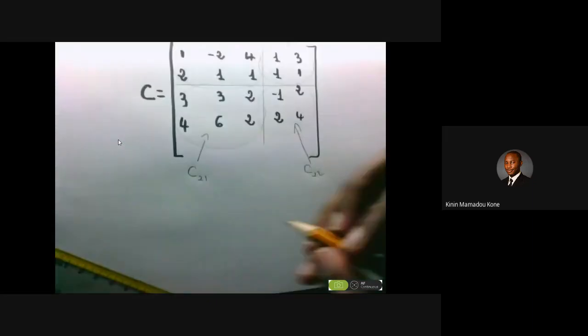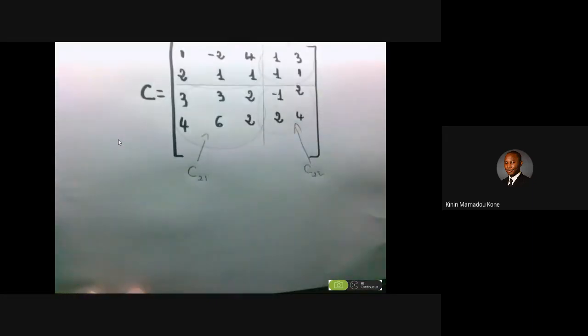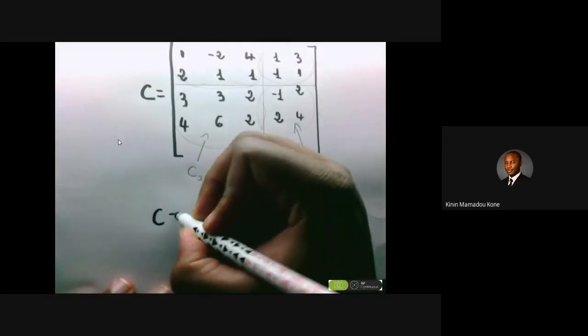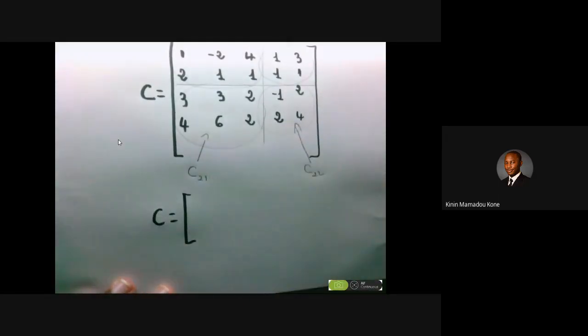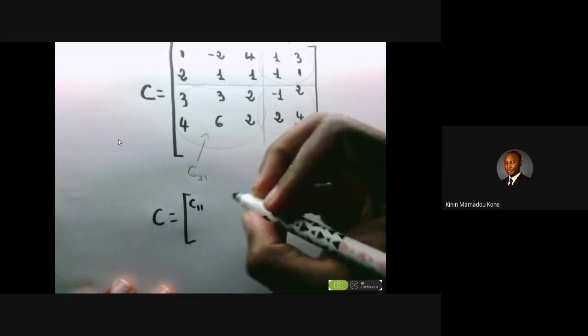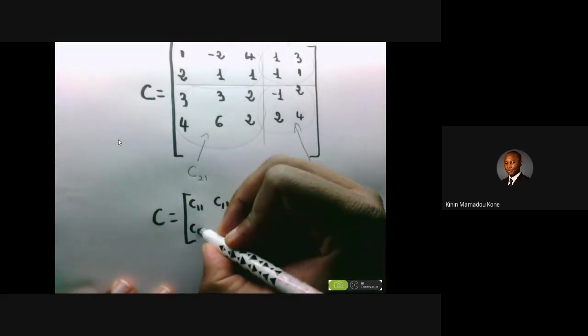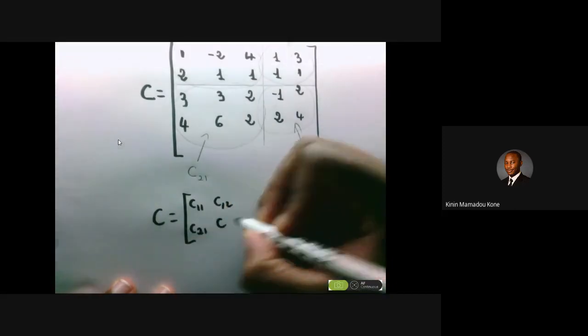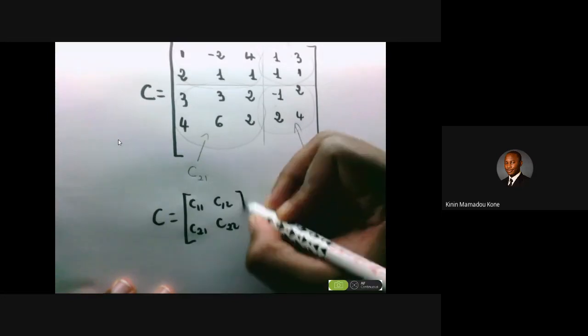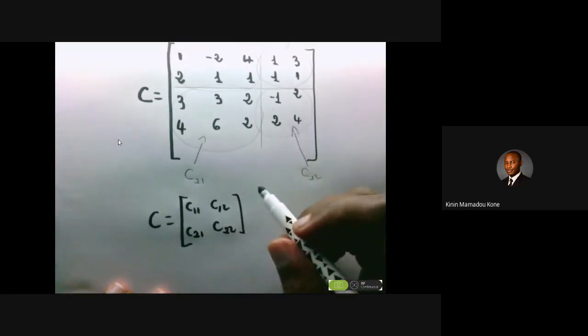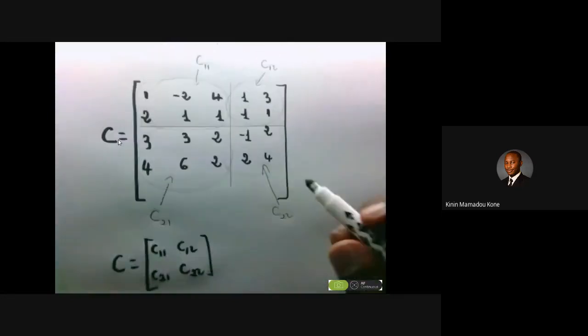In other words, it's as if you had a matrix C with entries C sub 1 1, C sub 1 2, C sub 2 1, and C sub 2 2. This new version of the matrix is what we call the partitioned matrix. This is one way we could have partitioned it.